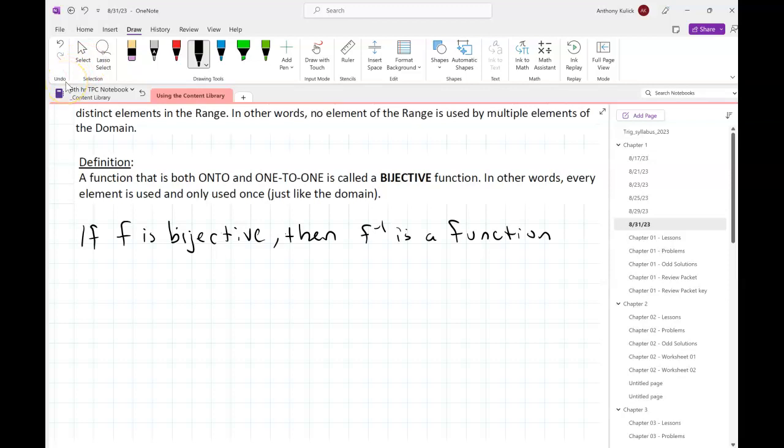Okay, let's continue our discussion here. Let's look at a graph and try to find an inverse from a graph.